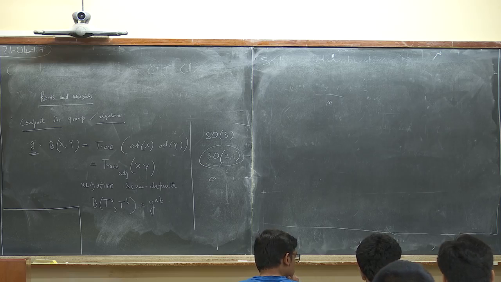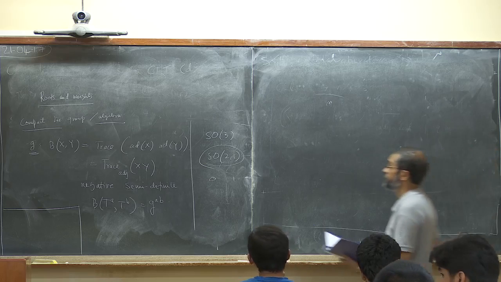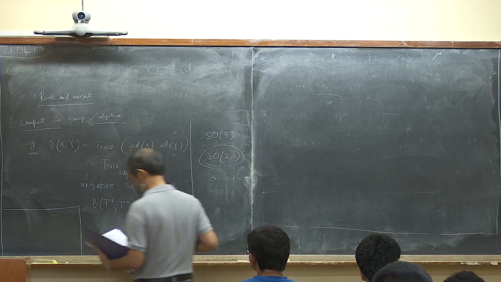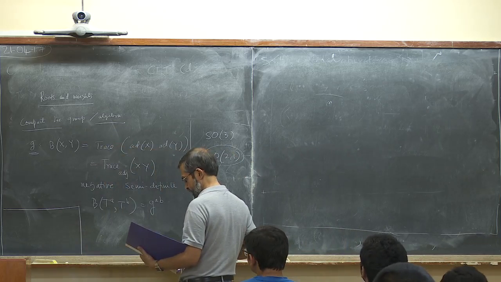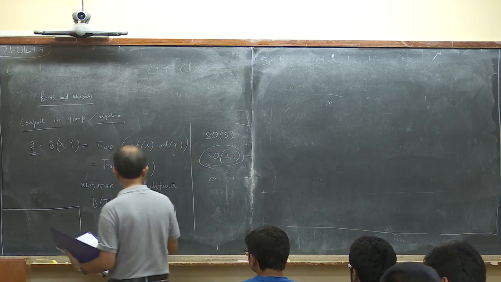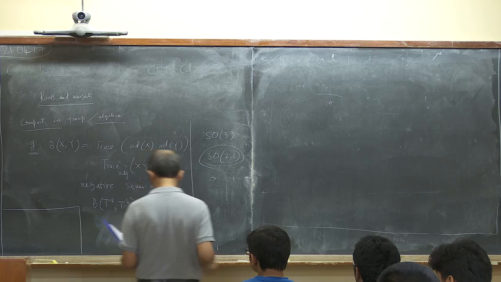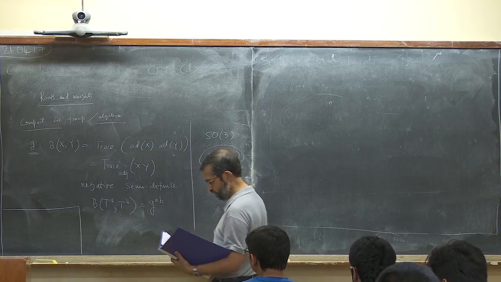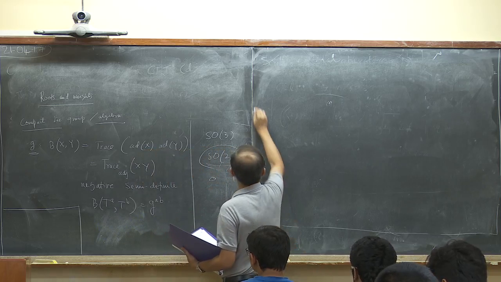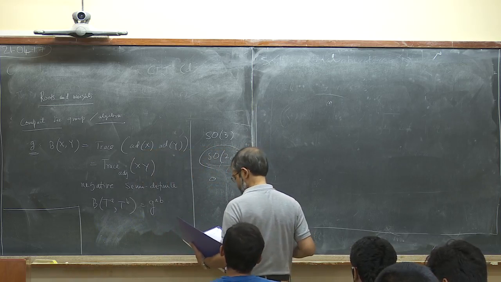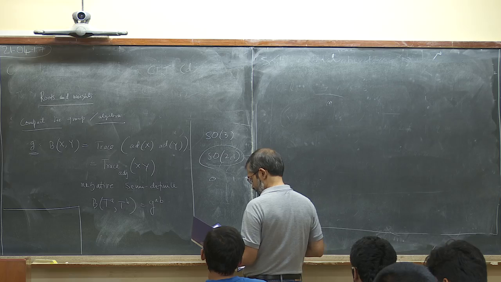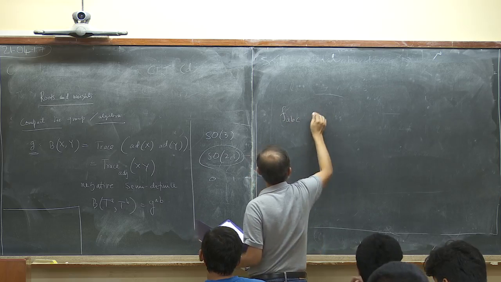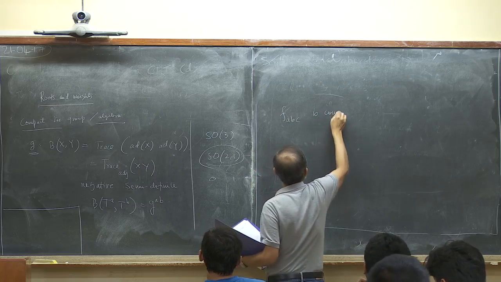Let me just prove only one result. If you have this feature, and I will also assume that there are no zero eigenvalues, so that it is an invertible metric. I'll introduce the notion of semi-simplicity, but next time. What I'm going to show is that f_ABC is completely antisymmetric.